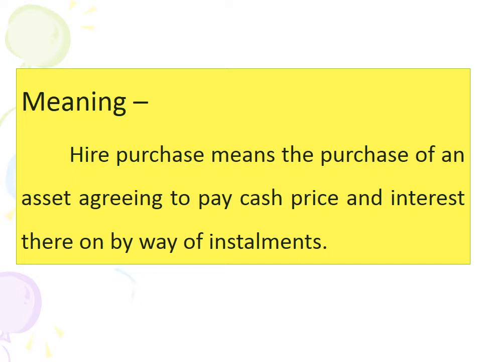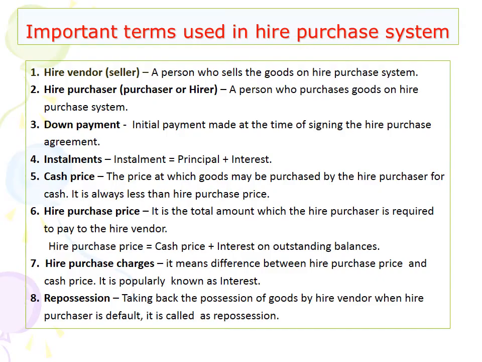So as already I have told you, hire purchase is nothing but an agreement between hire vendor, who is also called the seller, and hire purchaser, who is also called the purchaser, in which hire vendor sells goods on credit to hire purchaser and hire purchaser makes payment in installments. There are some important terms which are used in hire purchase system.